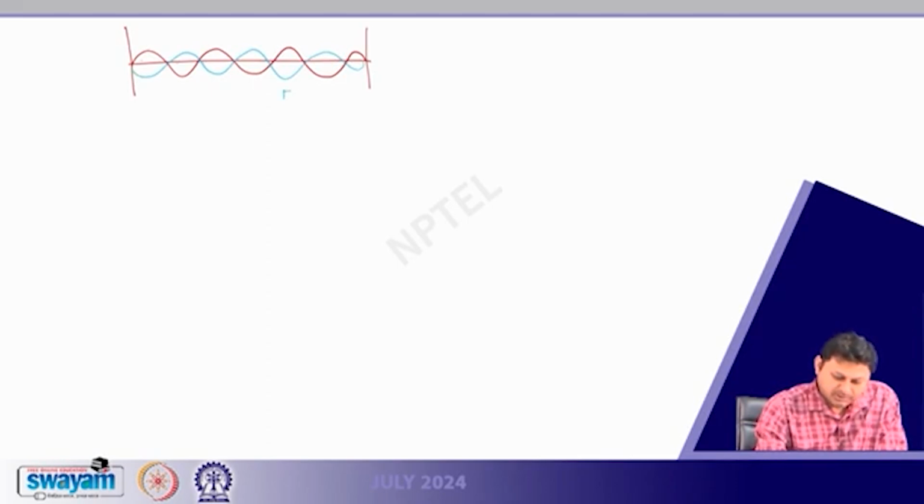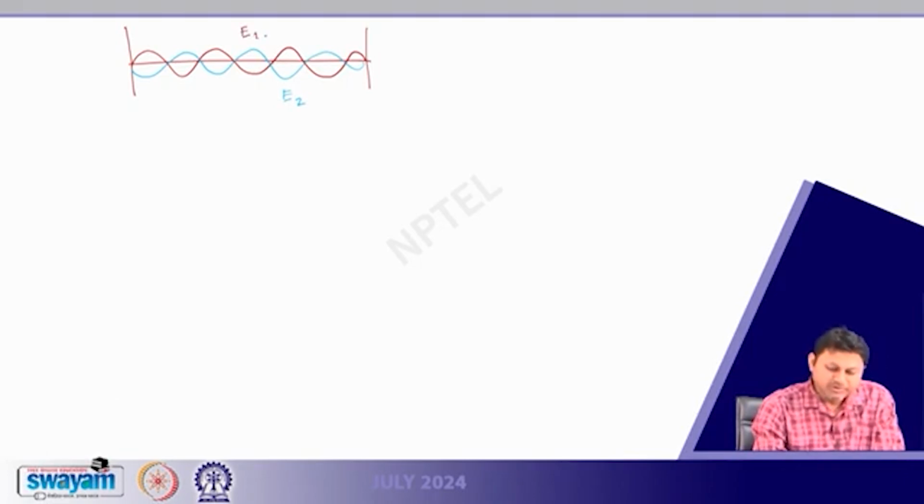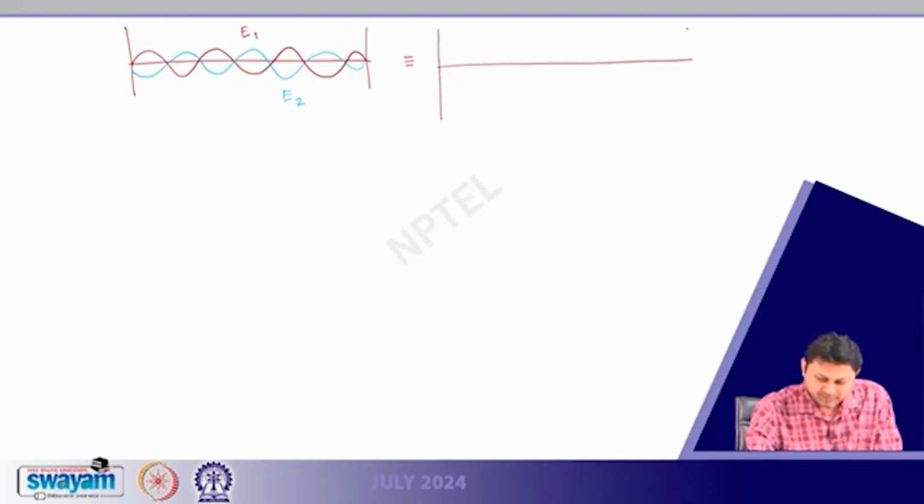So this is my E2 and the other one is E1, and they are superimposing to form a resultant wave, actually, which is standing and which is changing over time. Its amplitude, maybe I will draw like this.